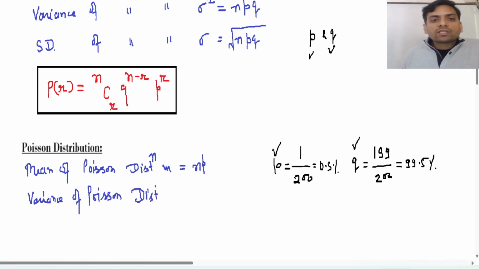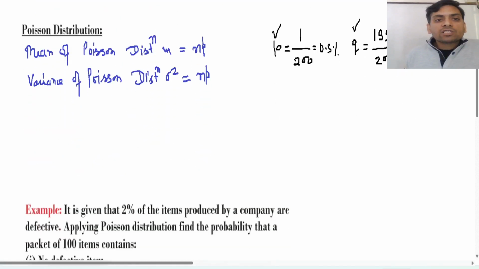In this Poisson distribution, variance is sigma square, and this is NP. Clear? Because we are using only one probability. We are not using the second probability Q. So you will see these both the terms are same. Clear?